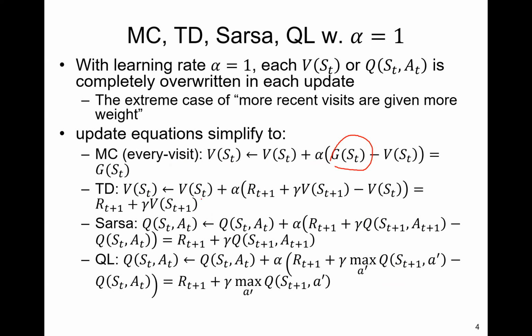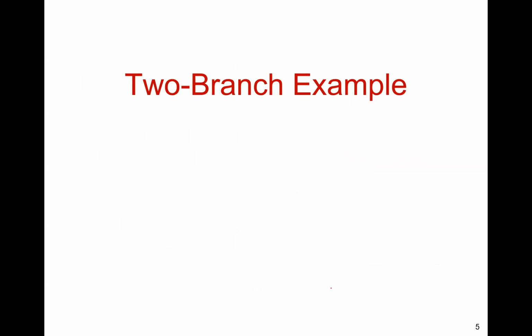In TD, you update with the next state as the one-step look ahead. With Sarsa, you update Q to the one-step look ahead. For Q-learning, you update to this. So the target completely replaces, overwrites the old value. I used alpha equal to 1 in this example for simplicity.